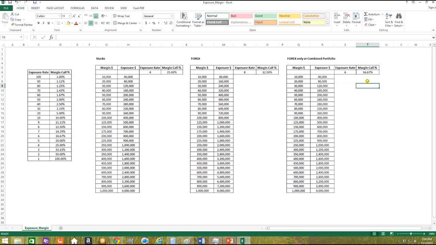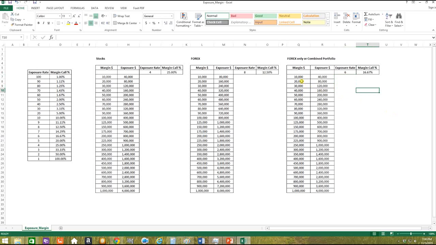Well, we could actually just reduce our exposure to overall 4 times, so we know we're with very, very low probability to ever receive a margin call, and the risk management metrics stack up better. But we could also lower our exposure rate and grow into the 6 times exposure.